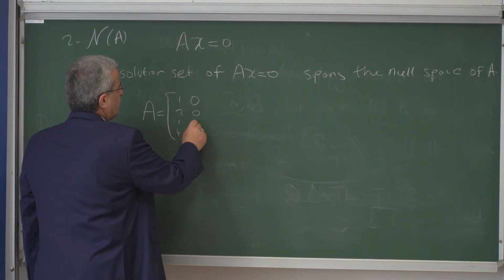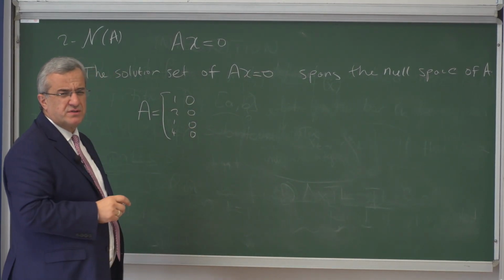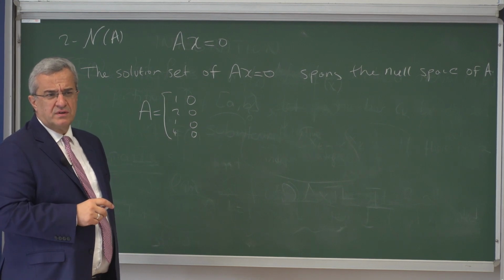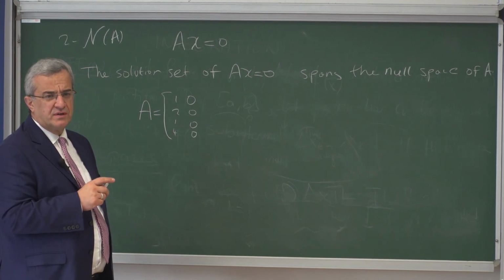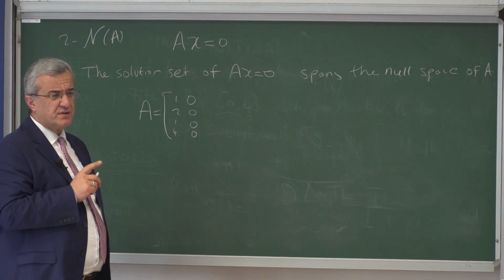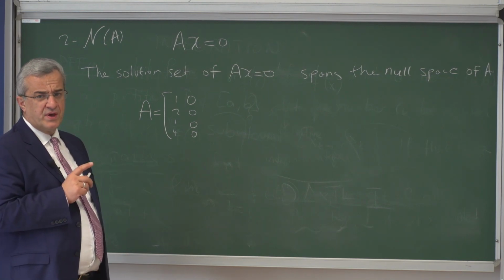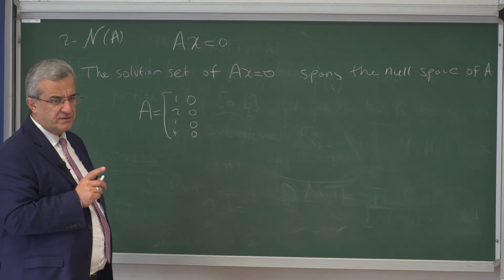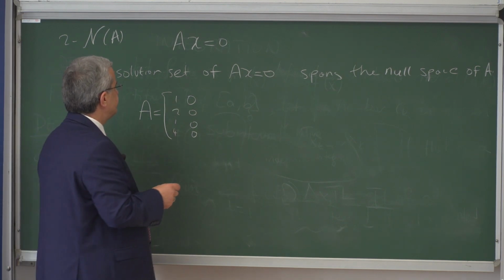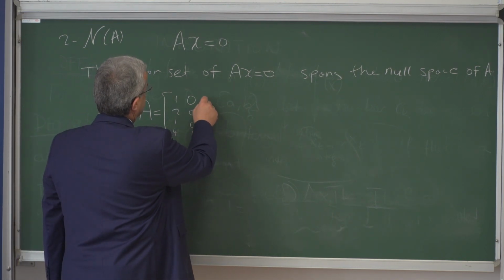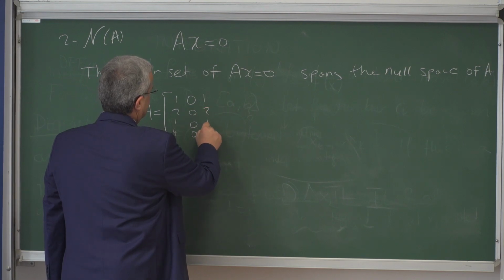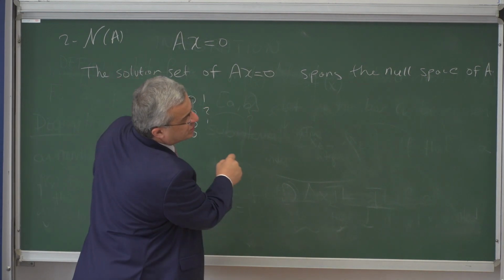By the way, what is the dimension of null space of A? N minus R. So this is 1, 2, 1. This is also 2, right?